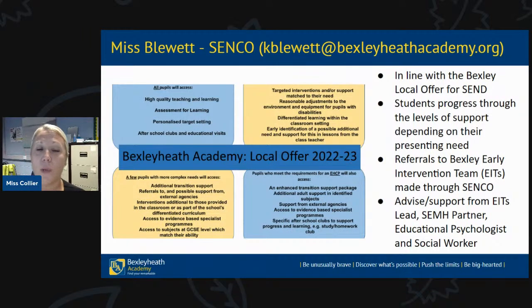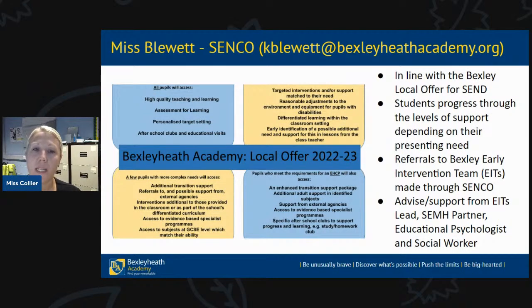Then we also go on to a few students who may have more complex needs and will be able to access transition support, referrals to external agencies, and I'm going to speak about them in a second. Evidence of differentiation, specialist programs, and this will continue into their GCSEs as well. So they will have access arrangements for their GCSEs when they're taking their exams.